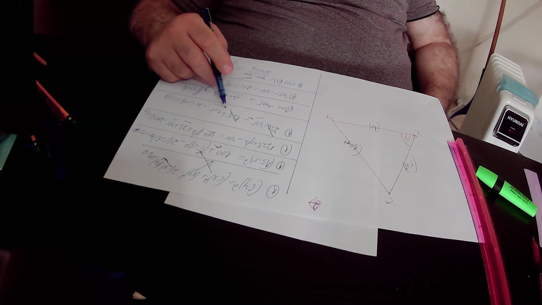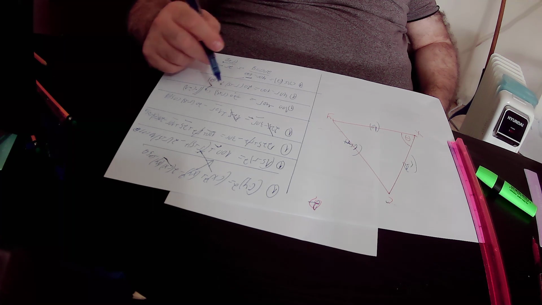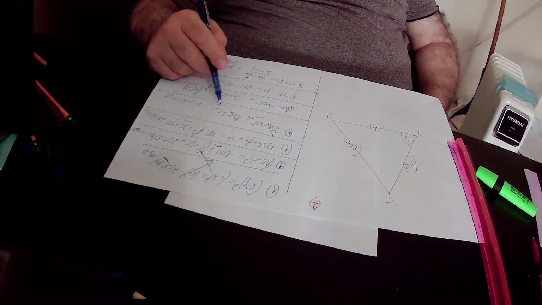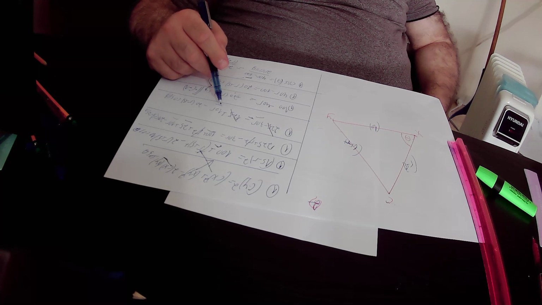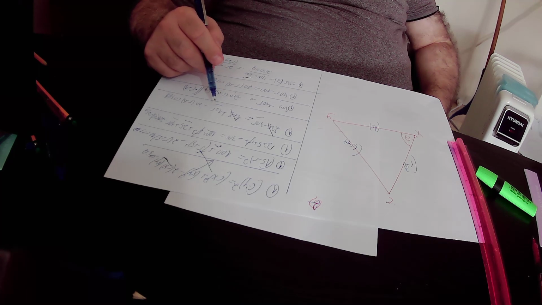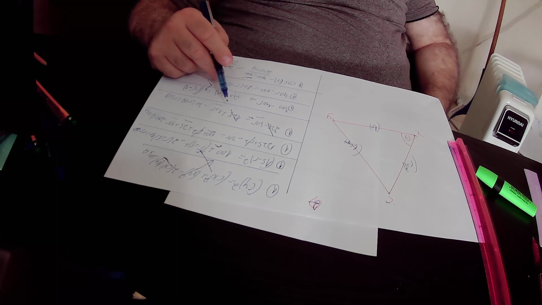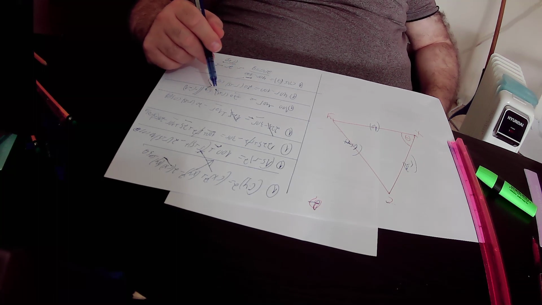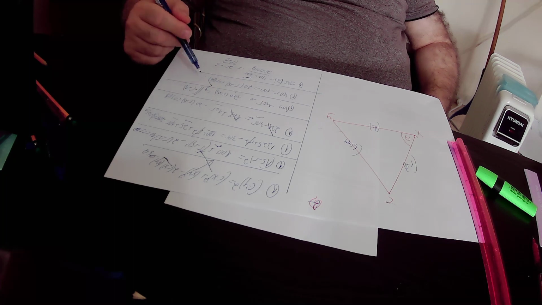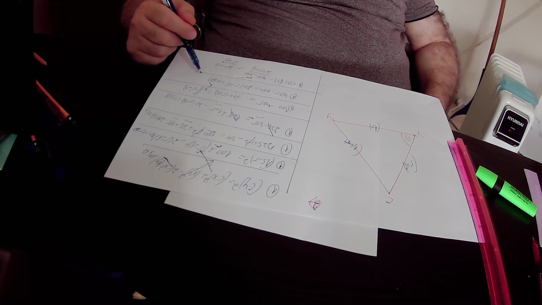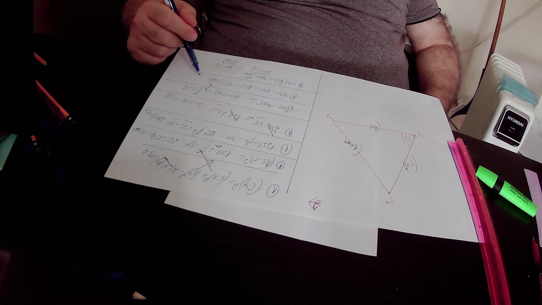Here we subtracted 125 from this equation number 1, and we got that 225 minus 125 is 100. We also subtracted 10r from this equation number 1, and we found out that minus 30r minus 10r equals minus 40r, and it is equal to minus 20r plus 5 times cosine theta.